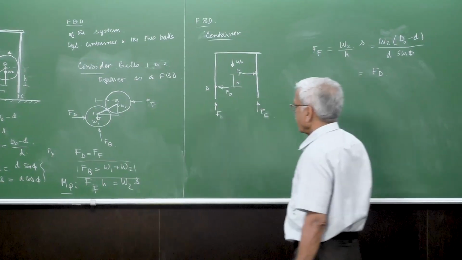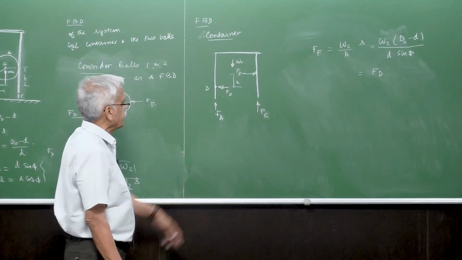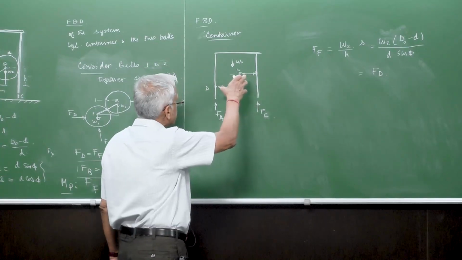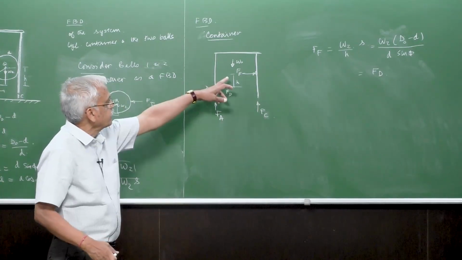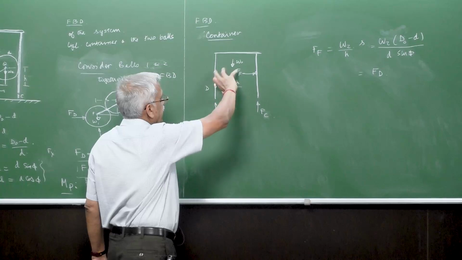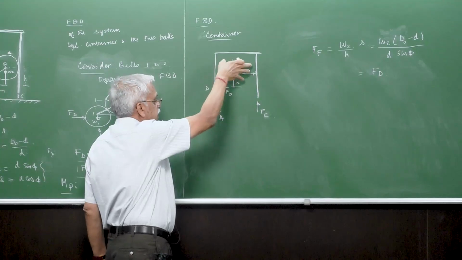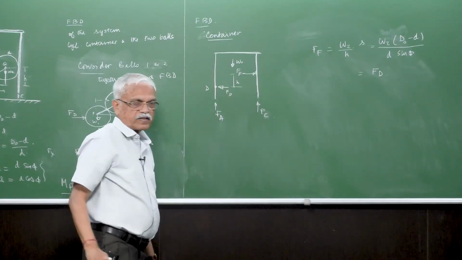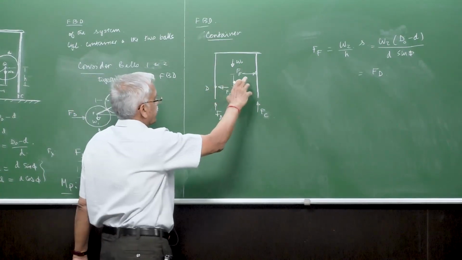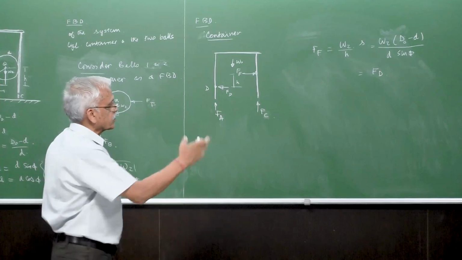What is it that we are looking at? We are looking at FA and FC. So let's look at FA. Very interesting thing is that these forces are trying to rotate this one in the clockwise direction, whereas W0 is trying to put it in the counterclockwise direction. W0 is given, we don't have any control over it. Only these two forces we have control over based on the geometry.